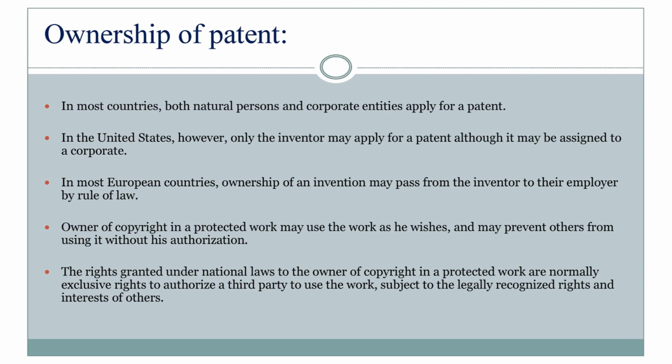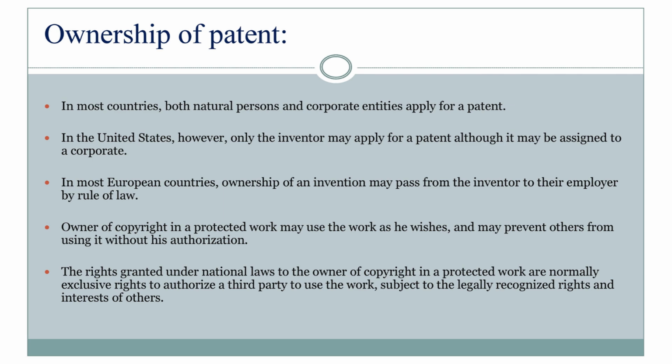Let's continue with ownership of patent. In most countries, both natural persons and corporate entities apply for a patent. In the United States, however, only the inventor may apply for a patent, although it may be assigned to a corporate. In most European countries, ownership of an invention may pass from the inventor to their employer by rule of law.